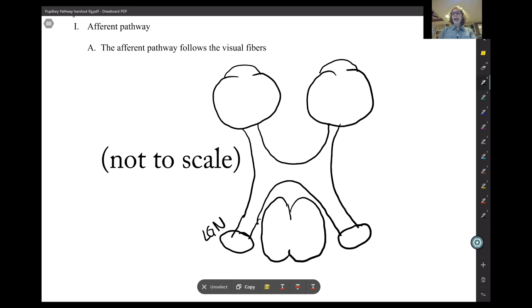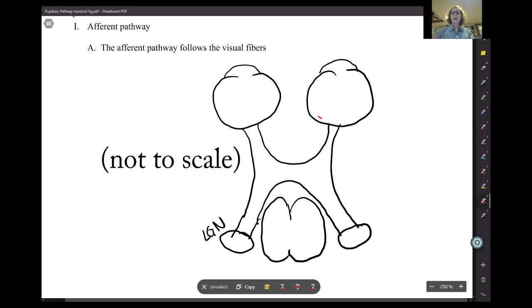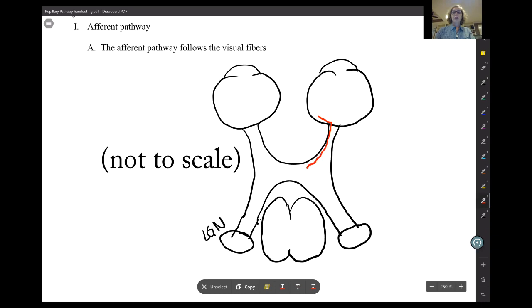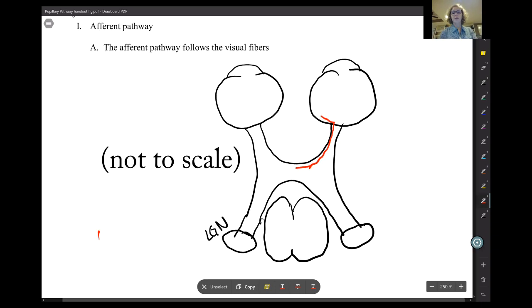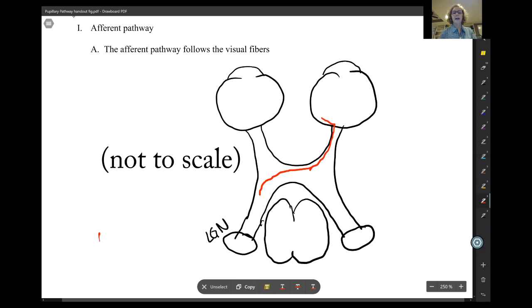So for our afferent pathway, it's going to start in the retina, and those fibers are going to go through the optic nerve. The nasal portion of those fibers are going to cross at the chiasm, and then the visual pathway goes all the way back to the lateral geniculate nucleus.